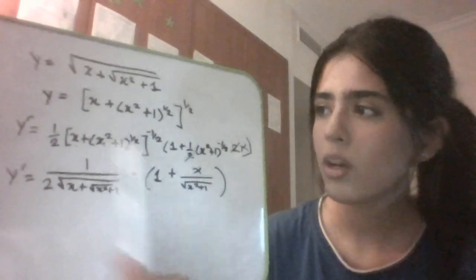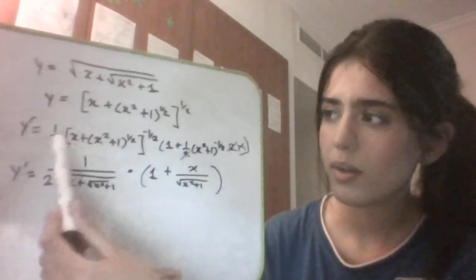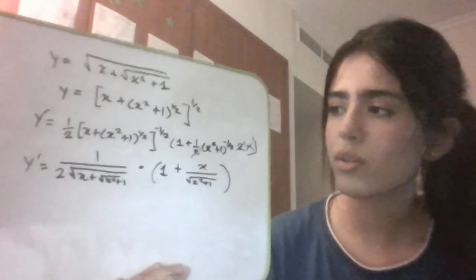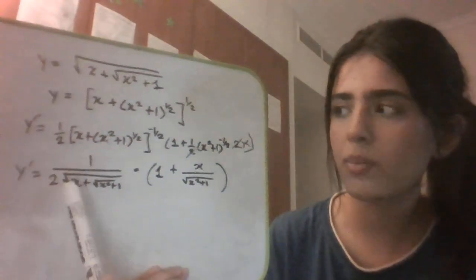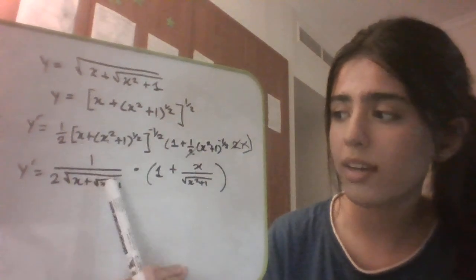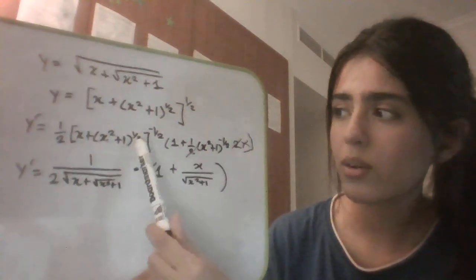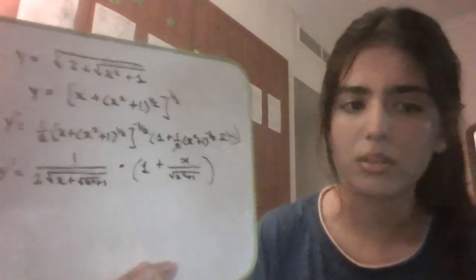First we have half, and then this term. You can see the 2 is in the denominator, so you're going to bring that down with the term that has the negative power. So it's going to be 2 times root, the big root x plus root x squared plus 1. There's also a root inside of here, that's why there is a root inside this root as well.